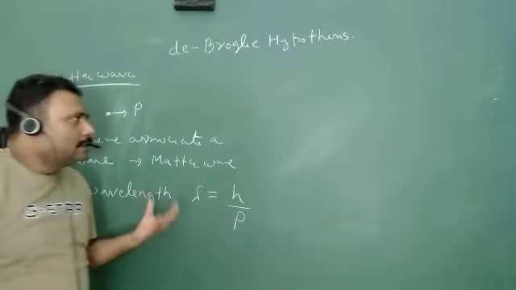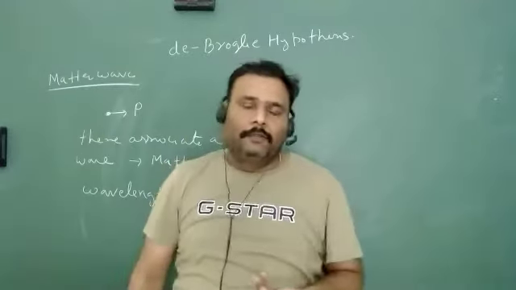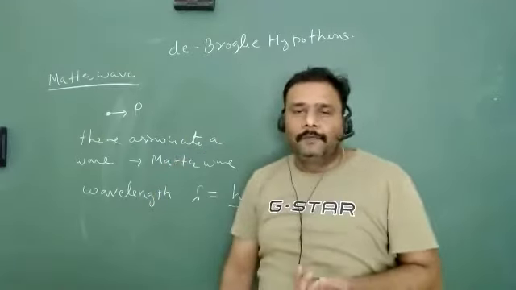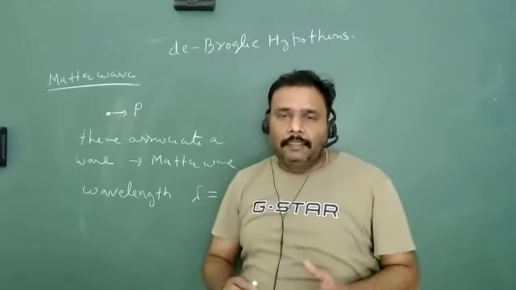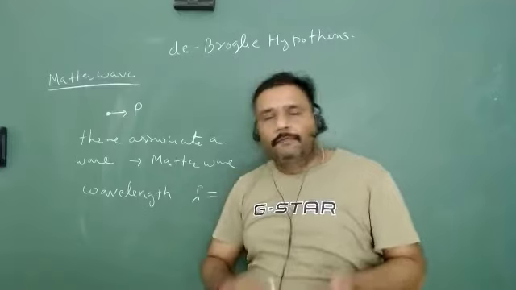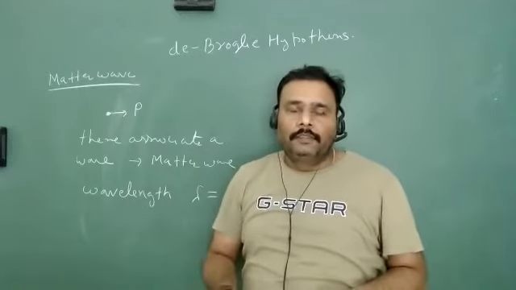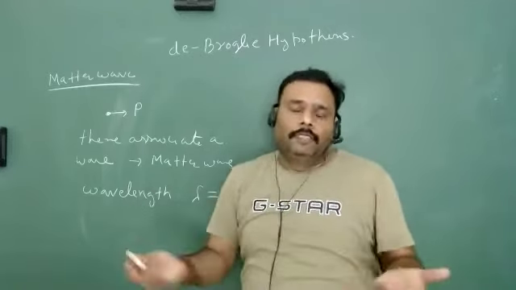So he gave a mind-blowing idea. If a particle is moving, then there is a wave, and this wavelength is inversely proportional to momentum. How he got the idea, nobody knows.